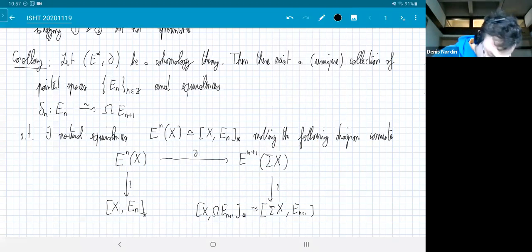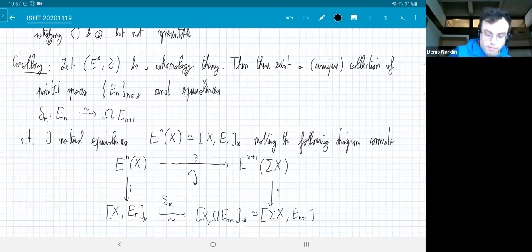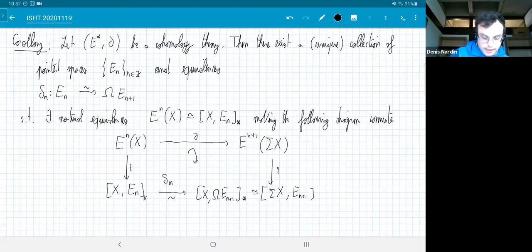And here the delta n gives an equivalence. So this map delta here is induced by these delta n's.